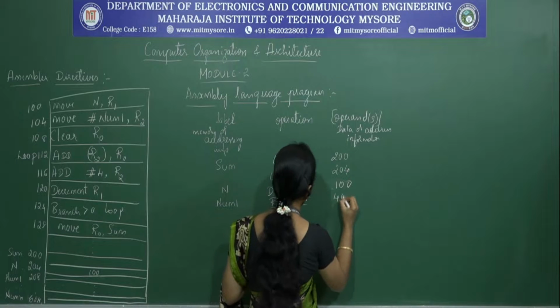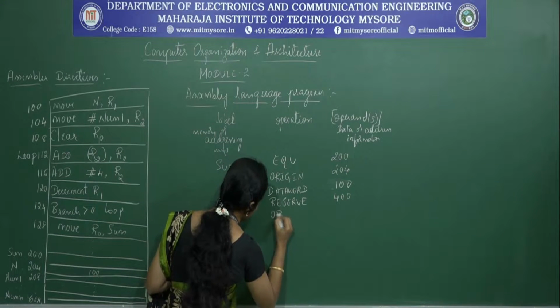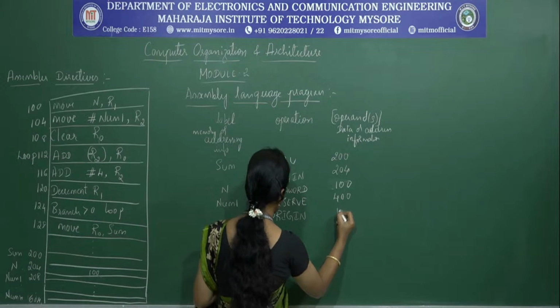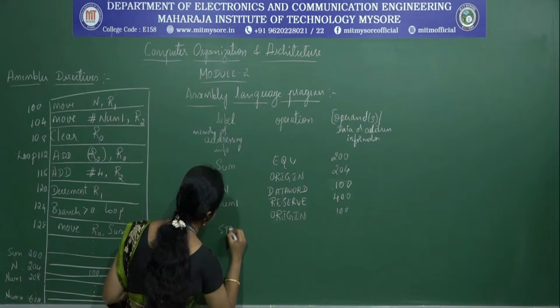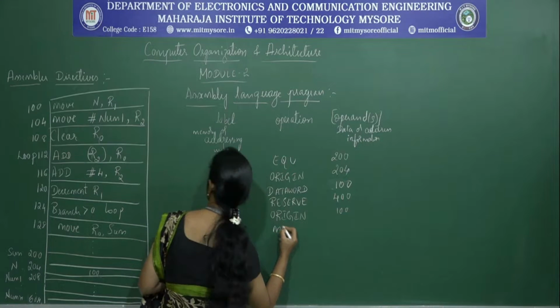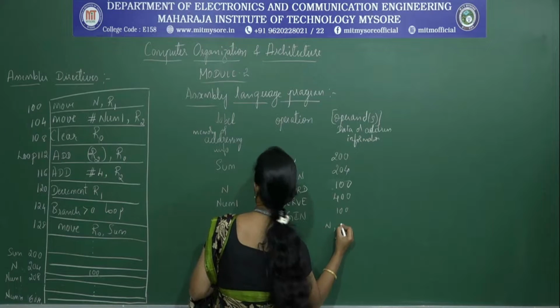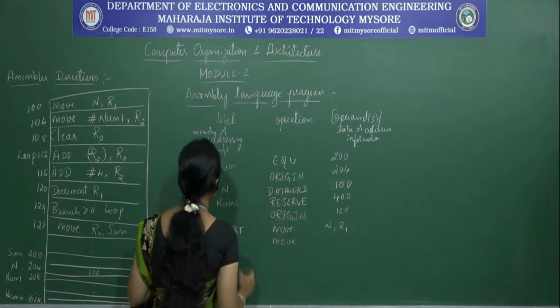I will explain what these are later. Then ORIGIN, and the next label START. Here you will be having START, MOVE N comma R1. All the instructions will be here, the machine instructions.